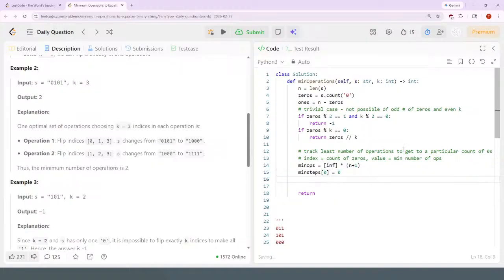I think I need to do a stack. Stack. Is it stack or is it heap? Or is it a deque actually? Yeah, it might actually be a deque.